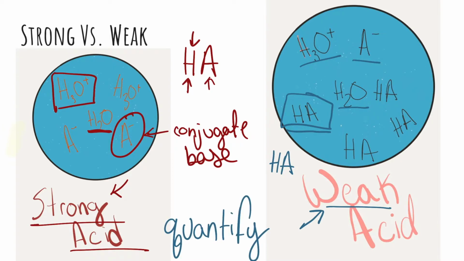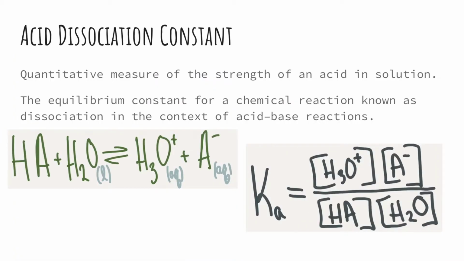The next step we're going to take is to quantify the rate of dissociation for a weak acid. We quantify that with, of course, an acid dissociation constant. This is the quantitative measure of the strength of an acid in the solution. It's the same thing as an equilibrium constant for a chemical reaction, but it's in the specific context of an acid-base reaction.